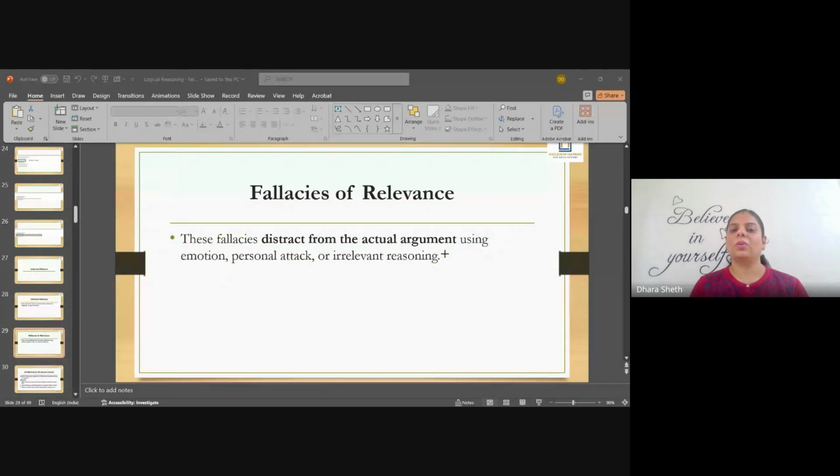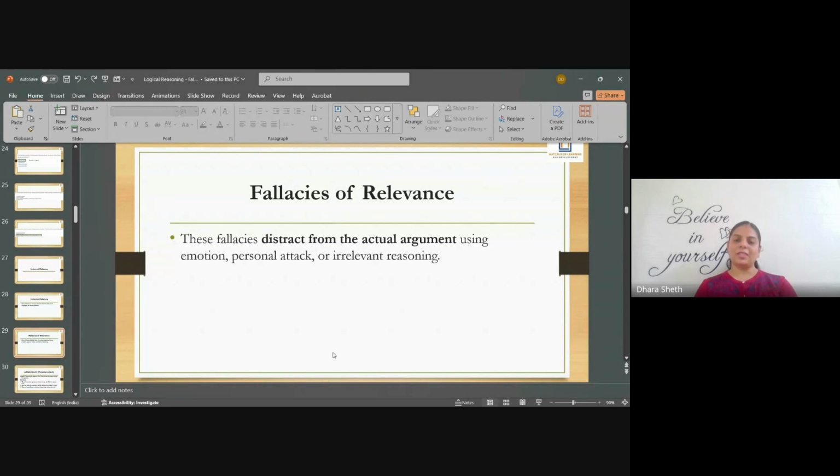So try to remember them based on that classification. That will help. Instead of a long list of 20 fallacies, it's better to distribute them in chunks, which makes it easier to remember.